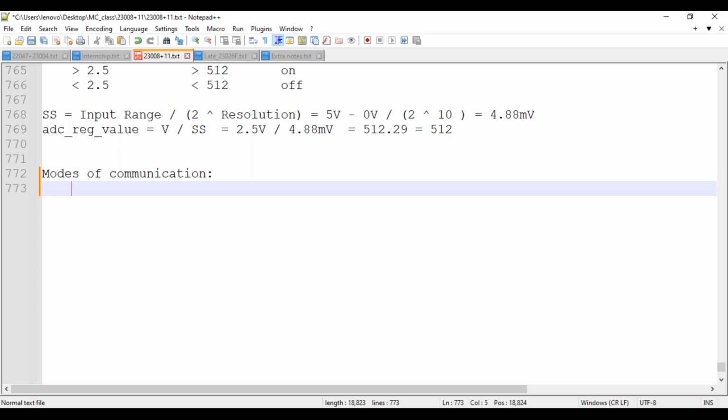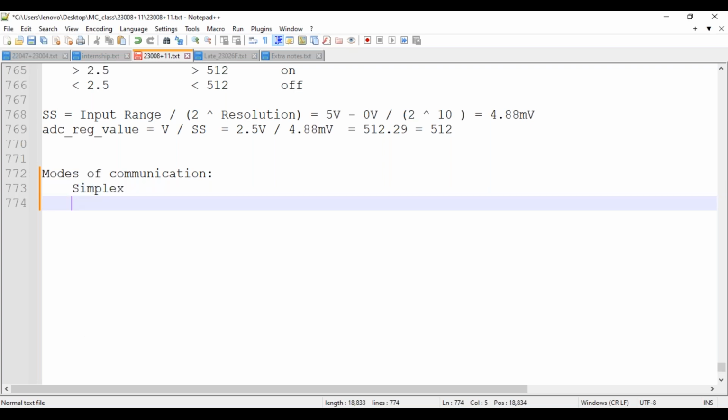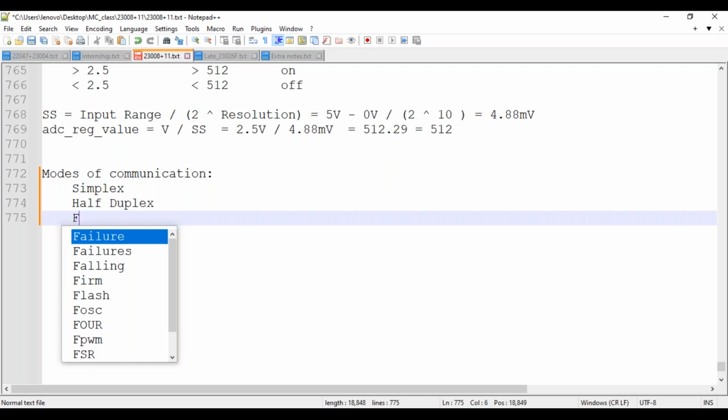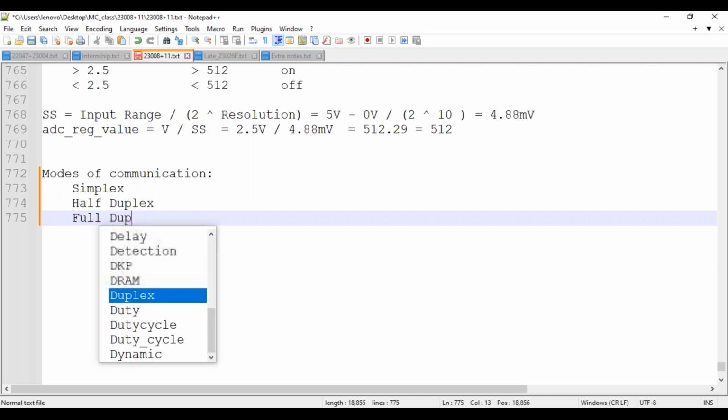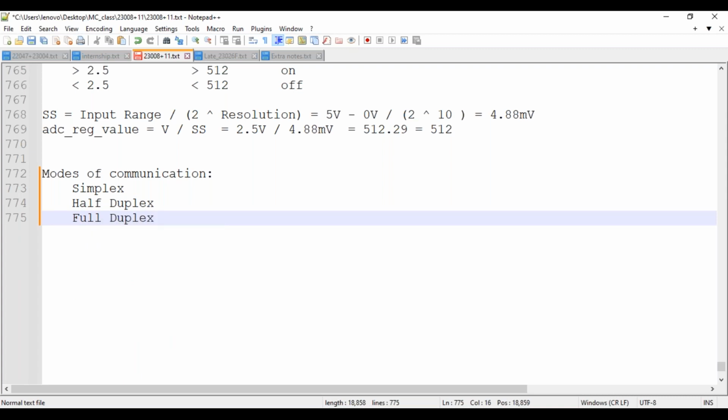So when it comes to the modes of communication, you have three modes of communication. One is simplex, the second one is half duplex, and the third one is full duplex. Okay, so these are the three different modes of communication.